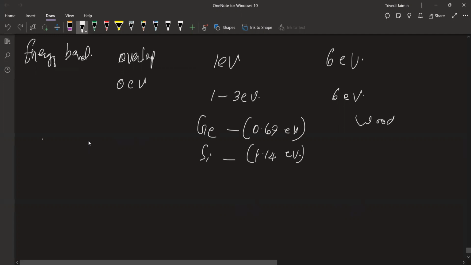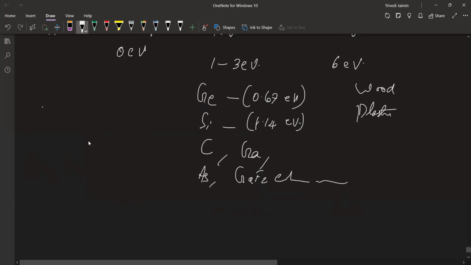For insulators there are many: wood, plastic, rubber, mica, diamond, whatever. For semiconductors: carbon, GaAs, etc. So many. Generally, we are using these too.